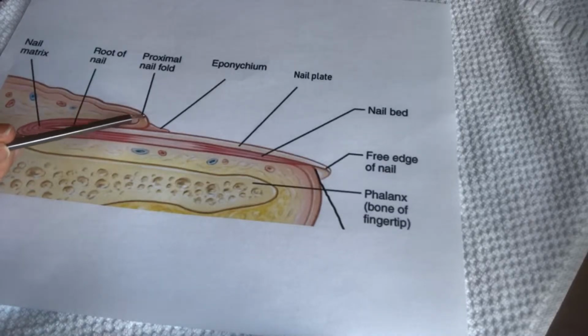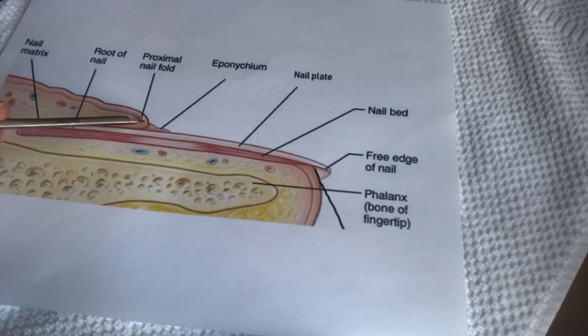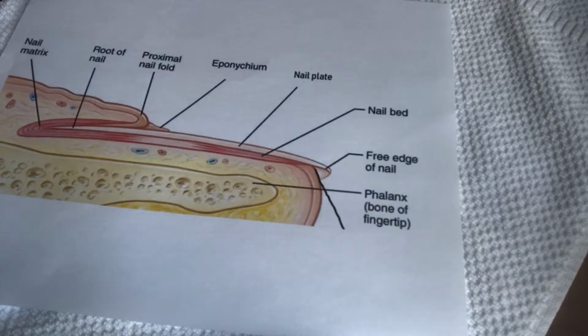The area that has a lot of blood is called the nail fold. This is the area that you do not touch, because this tutorial is about cutting or not cutting the cuticle.